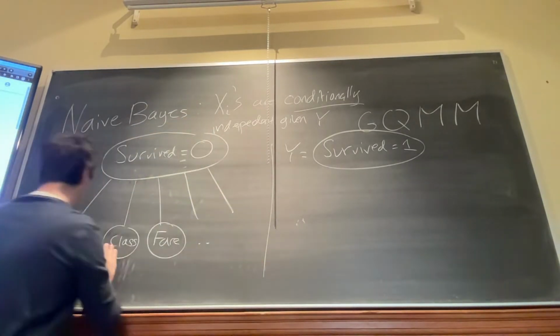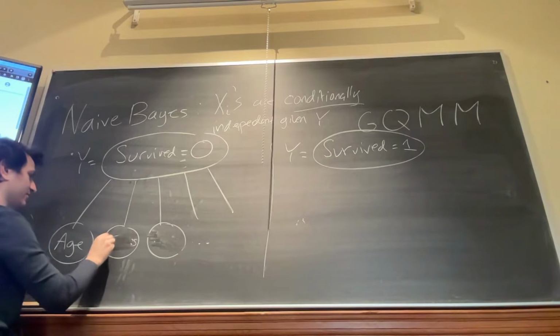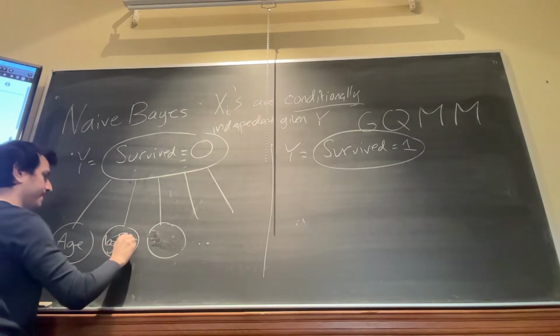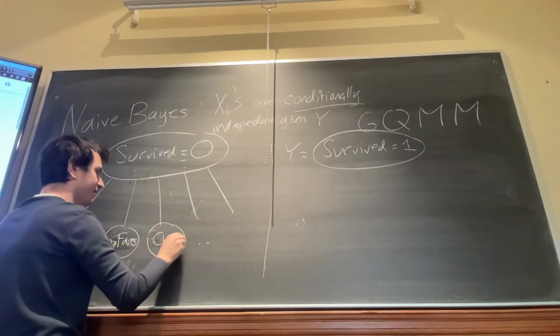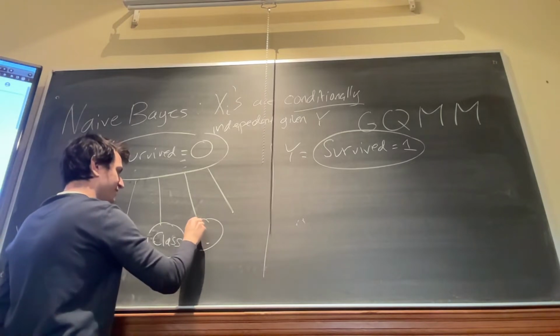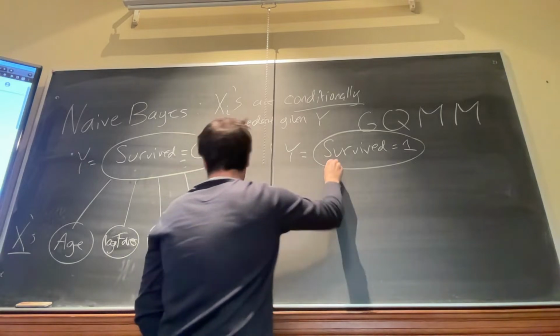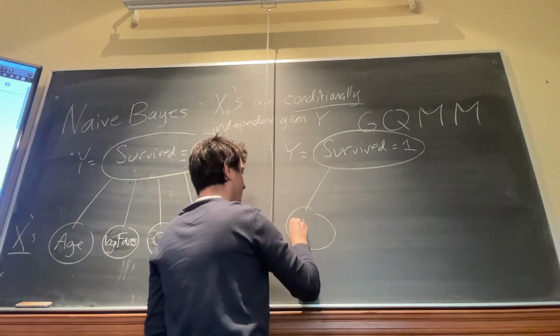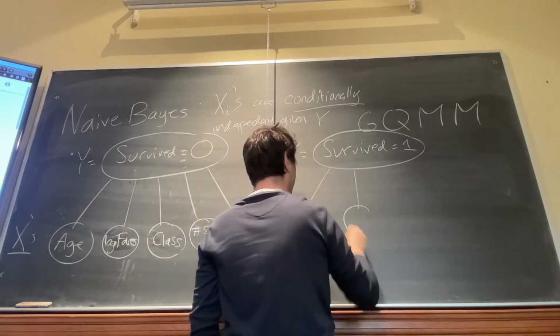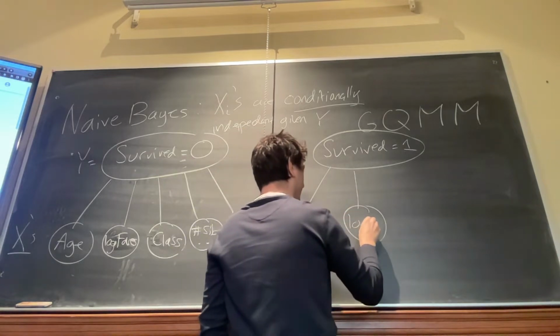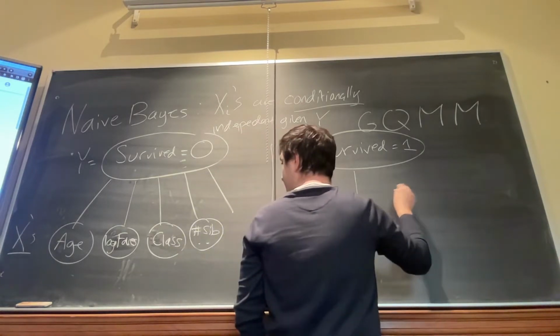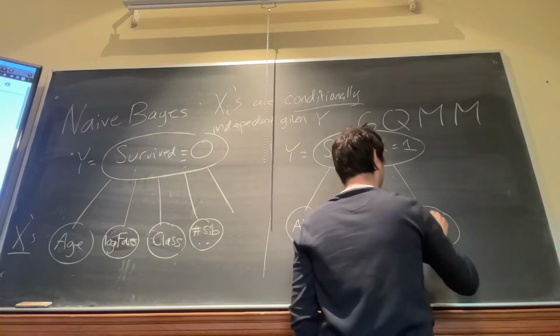So let's do age and log fare first, and what class you were in, and the number of siblings you had on the ship with you. And the same thing over here: age, log fare, class.